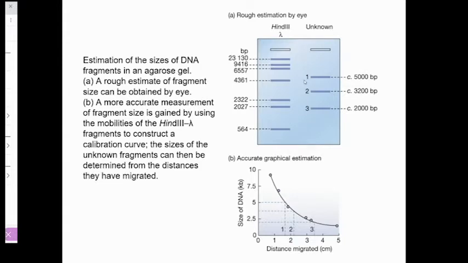One important point here is if you run the unknown DNA fragment with the size marker, then based on the size marker DNA fragments and their locations, you can create a standard curve like this, showing the relationship between the migration distance versus the size of DNA.